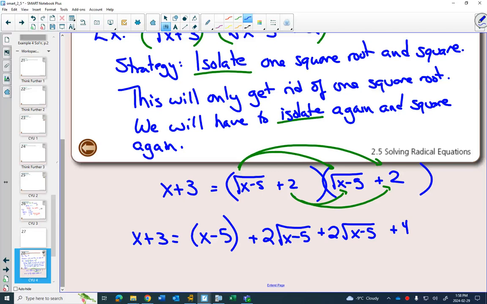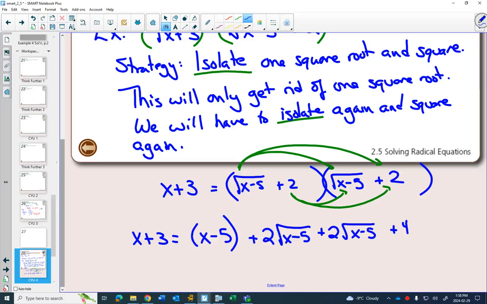However, I did reduce it. My original equation had 2 square roots, and because these are like terms, I reduced it to 1 square root. Again, this only gets rid of 1 square root. We still will need to isolate again.